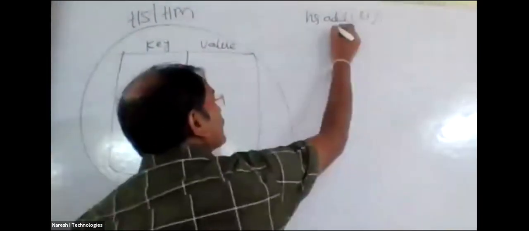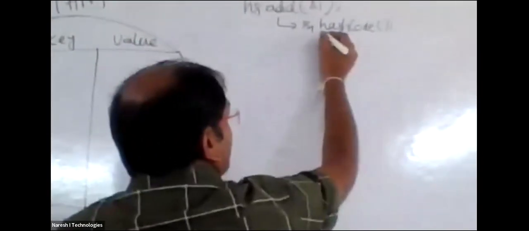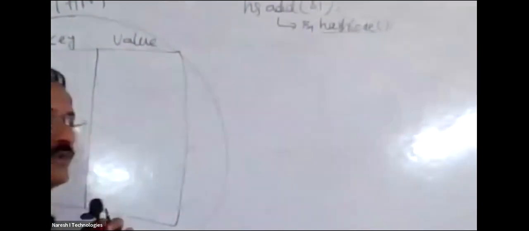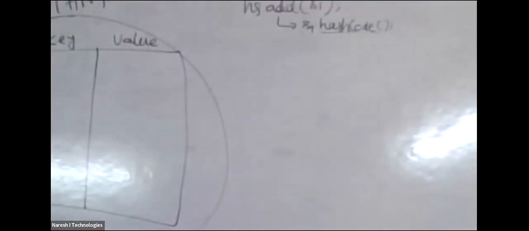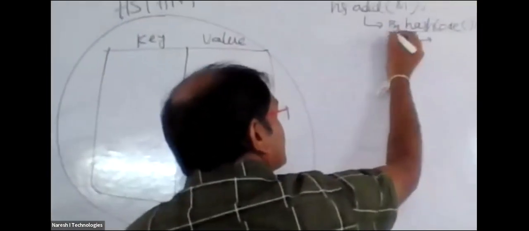First, the add method internally calls S1 dot hash code. Then the hash code method is overridden in the S1 class. What is the S1 class? Student class. In the student class, the hash code method is overridden. Then what does it return? Course of the S1.